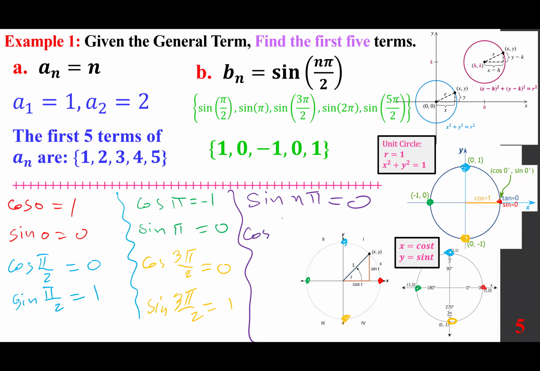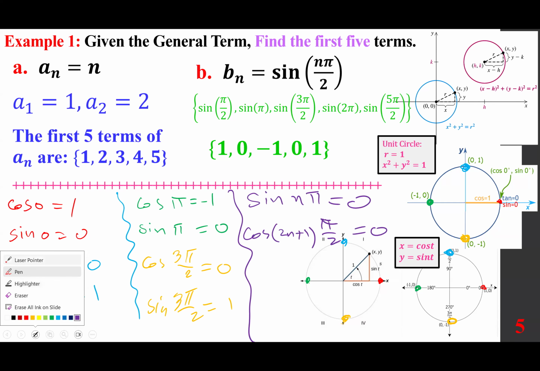Cosine of (2n plus 1) times pi over 2 is 0. Meaning, if you have odd multiples of pi over 2, the cosine is 0. Okay. So we just went over some information from trigonometry. I hope everybody's comfortable. We're going to move on.